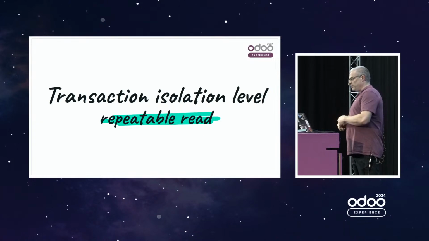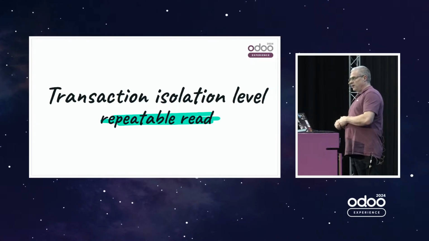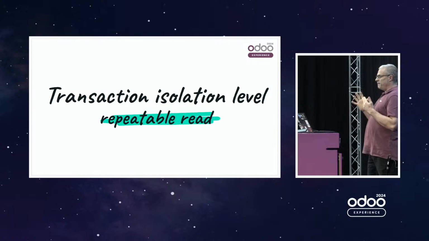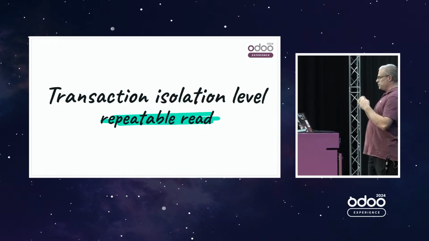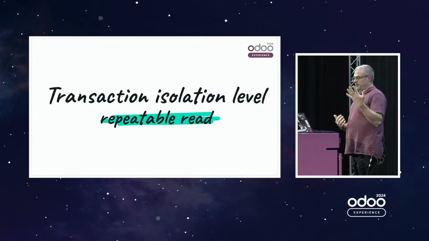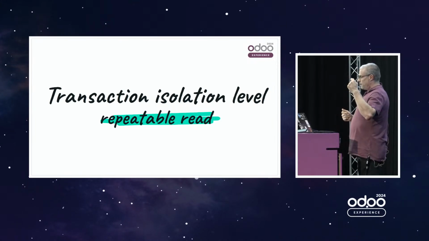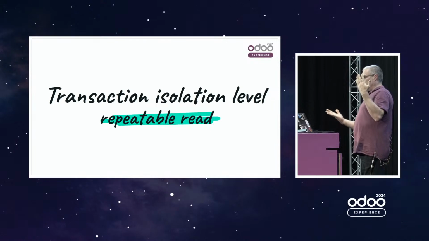The repeatable read isolation level guarantees that the system will act exactly as such: once you have stored data in the memory, they are the same in the database.